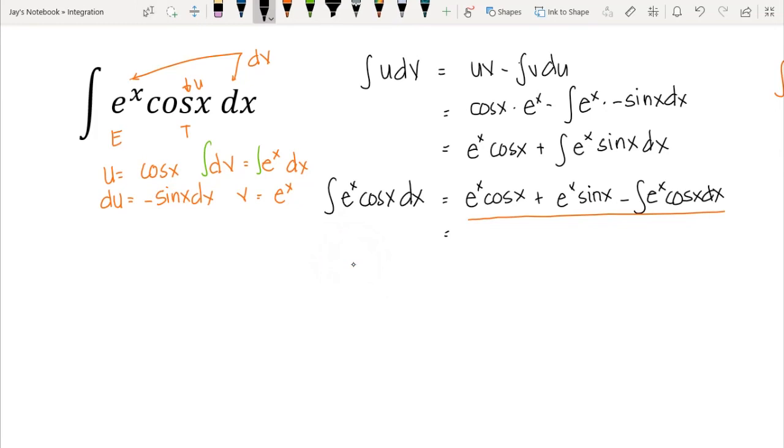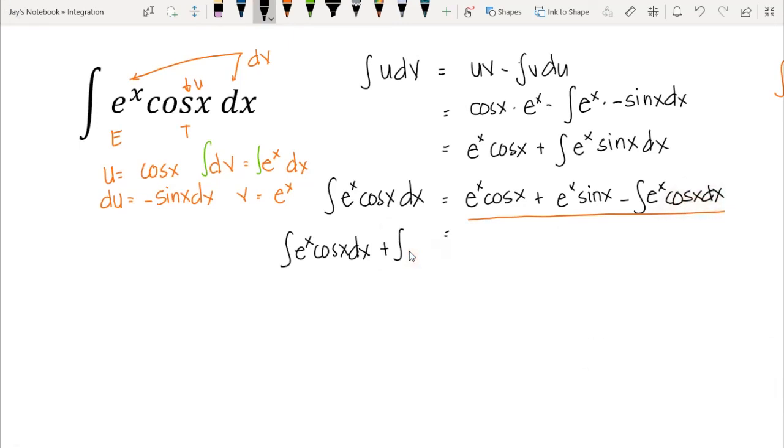So actually, this one here is similar to our original function, therefore we can combine them. So we transpose this term to the left side, so we have the integration of e^x cosine x dx. We can transfer this term to the left side, plus.